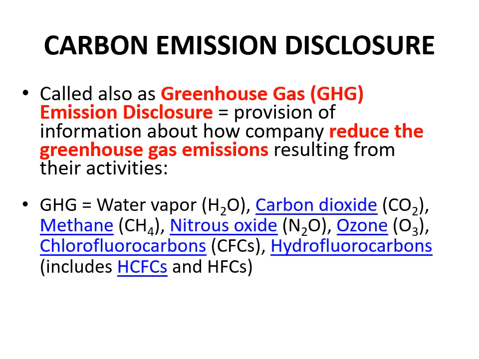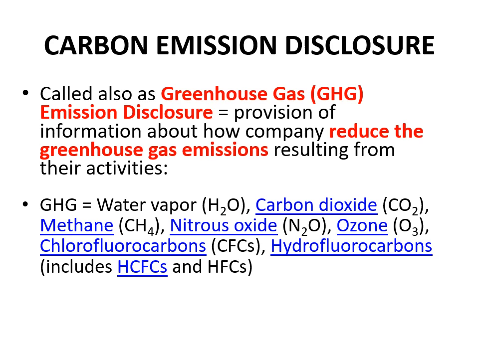Okay, the other trend of disclosure is carbon emission disclosure. Different from social and environmental disclosure, this disclosure is more specific, and carbon emission disclosure is sometimes called greenhouse gas emission disclosure.